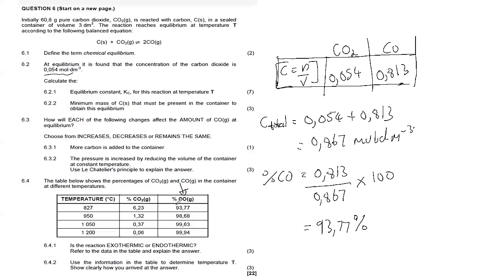Now, when we check here, 93.77 corresponds to the temperature 827. So therefore, temperature T is equal to 827 degrees Celsius. And that's how you were supposed to tackle that question there, for a total of 22 marks all in all.